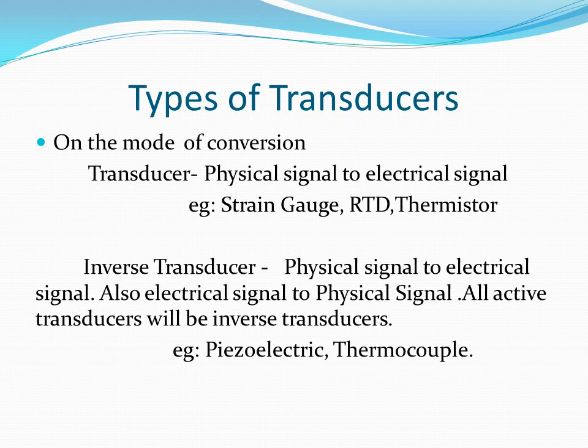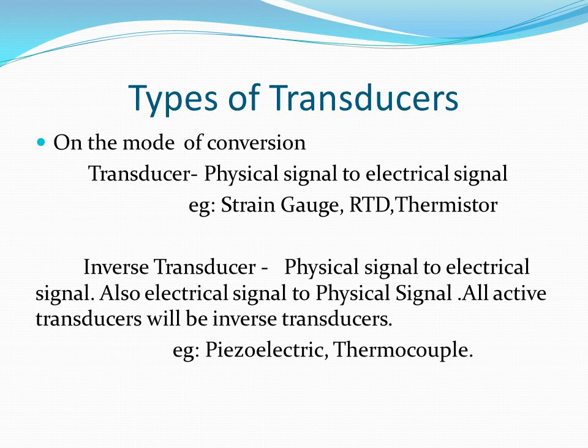So inverse transducers are usually active transducers. Normally transducers convert a physical signal into an electrical signal, whereas inverse transducers act both ways. They convert physical signal into electrical signal and then electrical signal to physical signal.